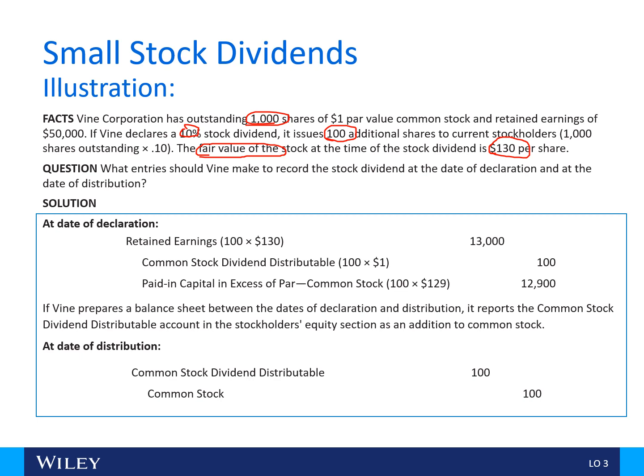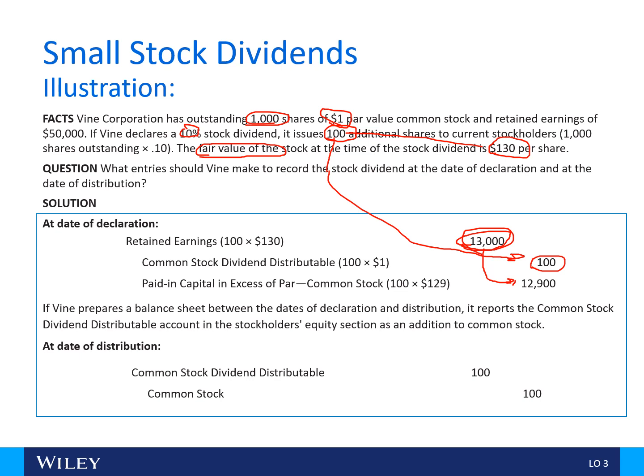So 100 shares issued at $130 per share means you're going to debit retained earnings for the dividend, $13,000. You put 100 shares at $1 par in the common stock line item, and the additional $12,900, which is the difference between the $100 and the $13,000 dividend, goes to additional paid in capital.